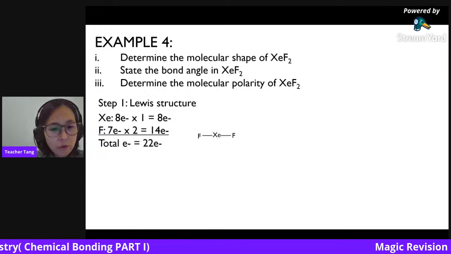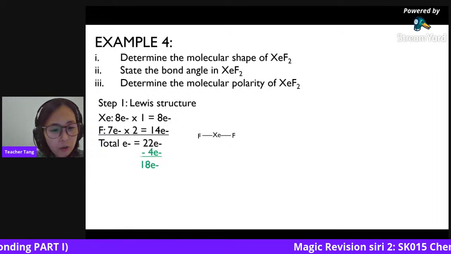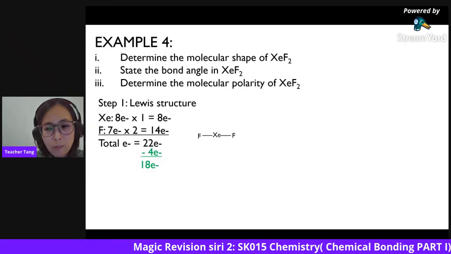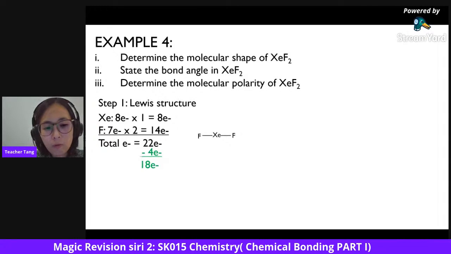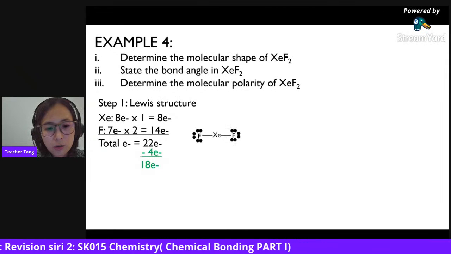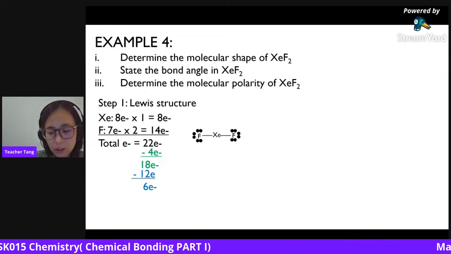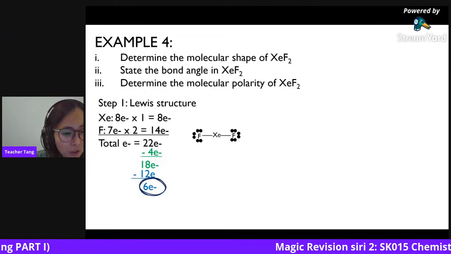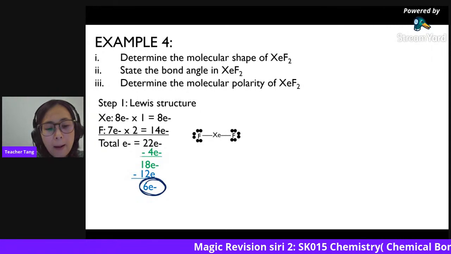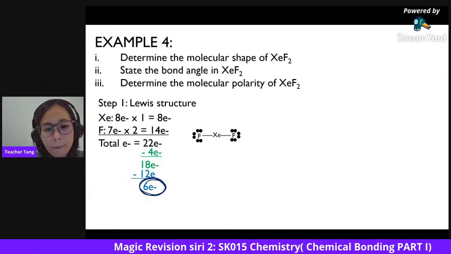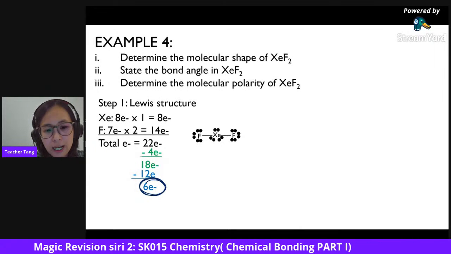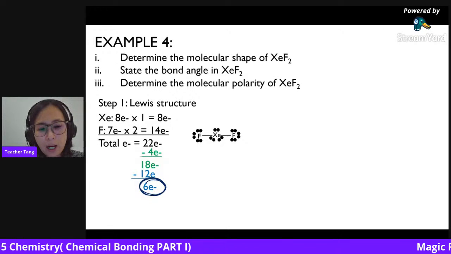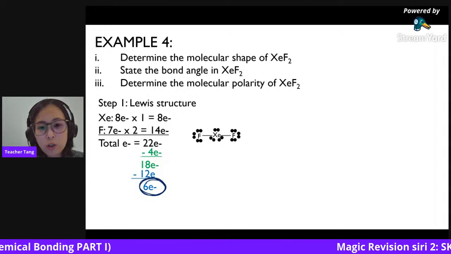I have drawn 4 electrons, so 18 electrons left. Then we need to complete the octet of the terminal atom fluorine, so put in another 12 electrons. So 6 electrons remain. These 6 remaining electrons must be put as lone pairs on the central atom. So this is step number 1, draw the Lewis structure for XeF2.